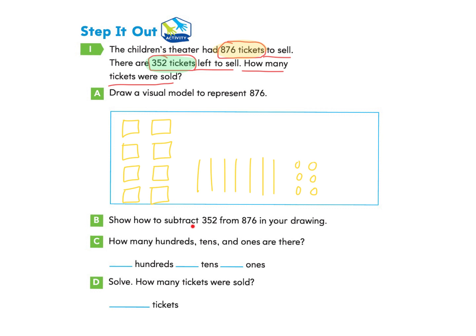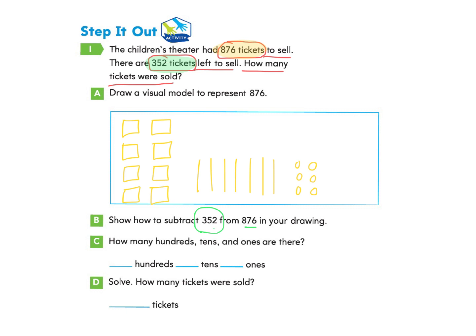Show how to subtract 352 from 876 in your drawing. You may want to pause and try this part on your own and then come back to check your answer. So we are going to subtract this number 352 from 876, which we have in the box.